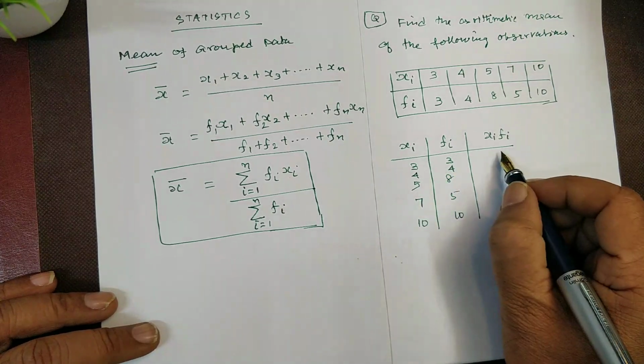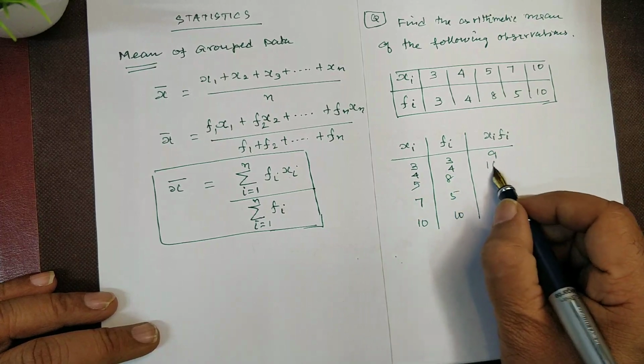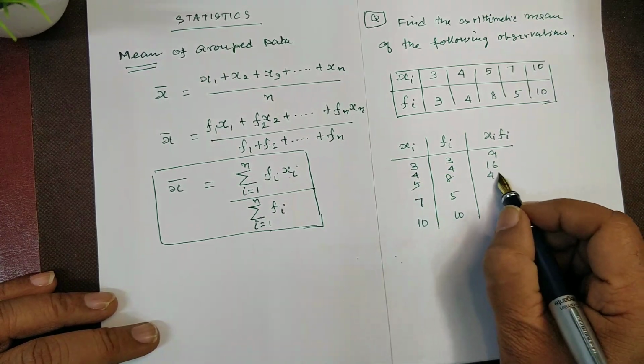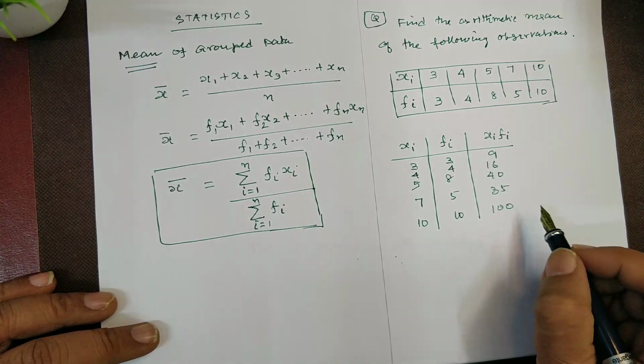Now let us multiply these two. 3 3s are 9, 4 4s are 16, 5 8s are 40, 35, and 100.